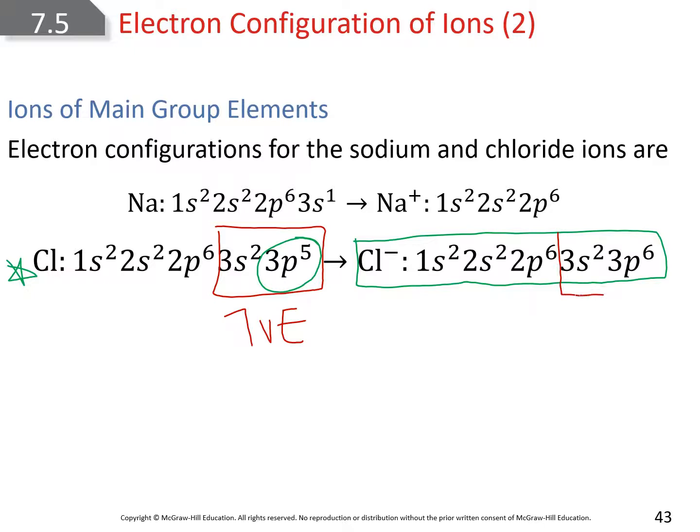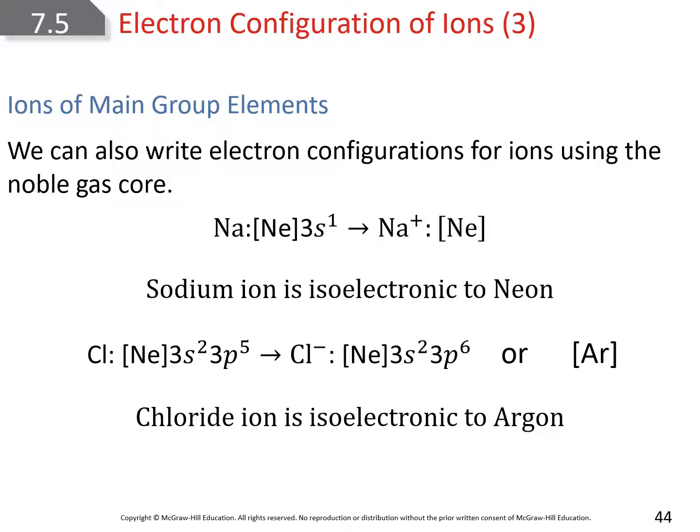As soon as it picks up an electron to have a full octet in its outermost shell, it now has the same electron configuration as argon. Here, as I've discussed, sodium ion is isoelectronic to neon, and chloride ion is isoelectronic to argon.